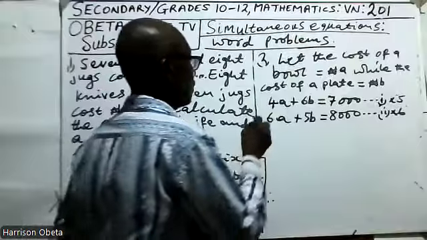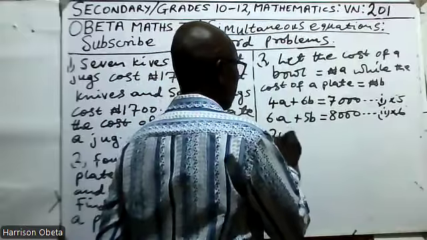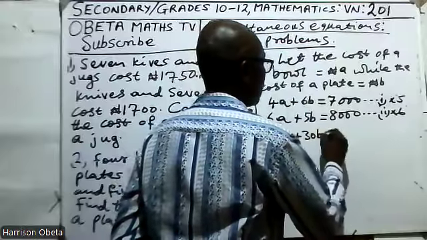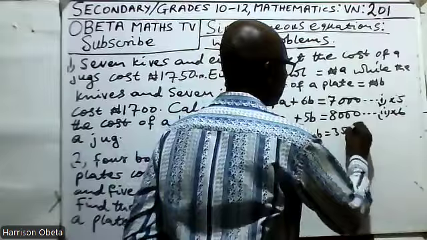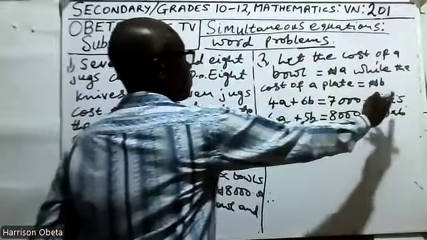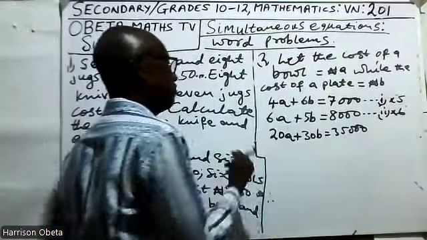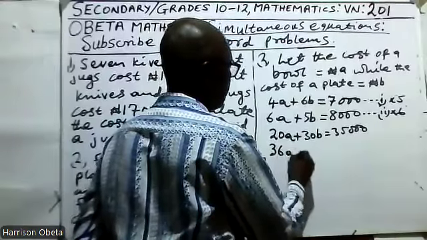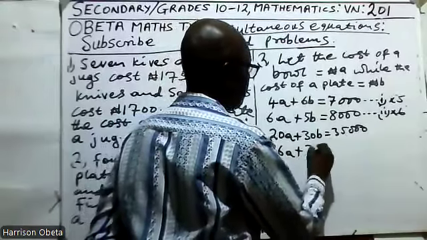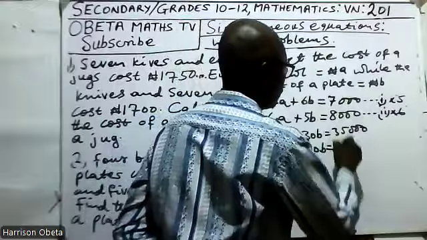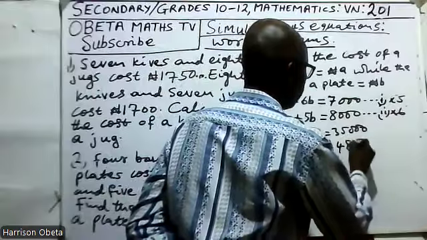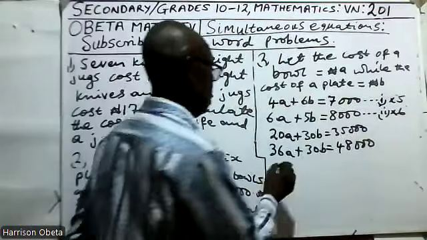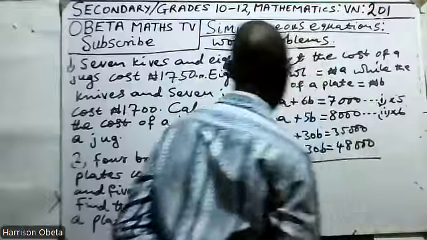So if we do that, we have 20a plus 30b equal to 35,000. That's multiplying the whole of this by 5. Then here we have 36a plus 30b is equal to 48,000. Again, multiplying through. So you have to subtract.